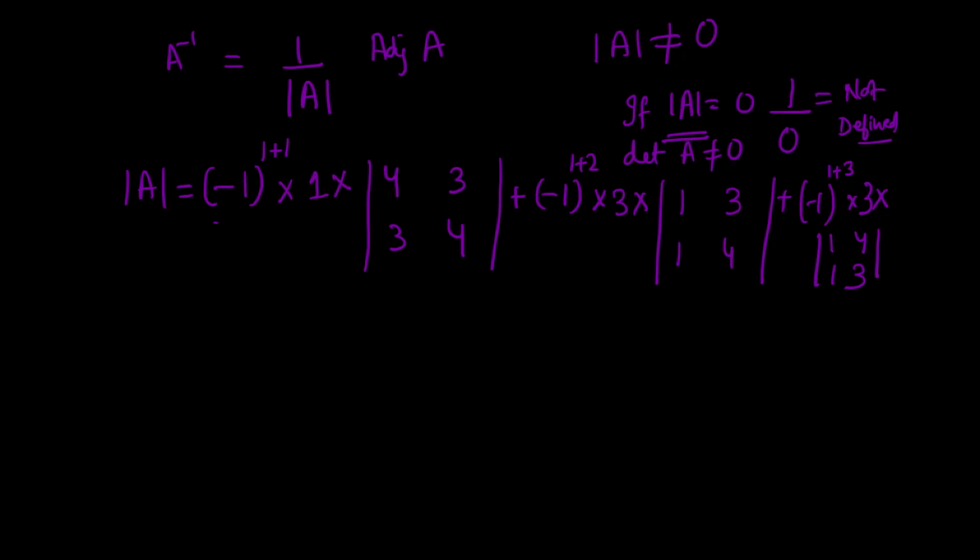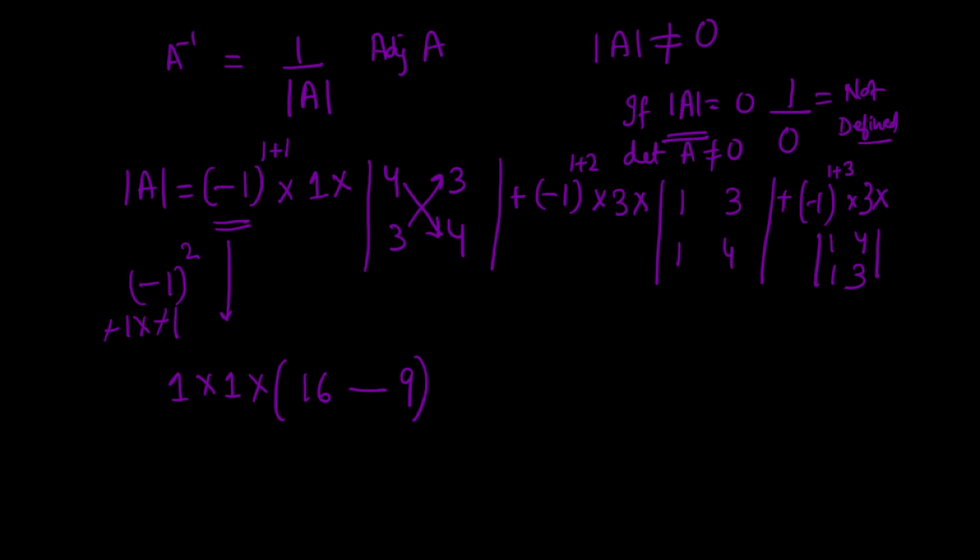This is minus 1 square, that means minus 1 is multiplied 2 times, so the negative gets cancelled. This becomes 1 times 1 times the determinant of this 2 by 2 matrix. So this will be 4 times 4, we write 16, minus 3 times 3, which is 9.